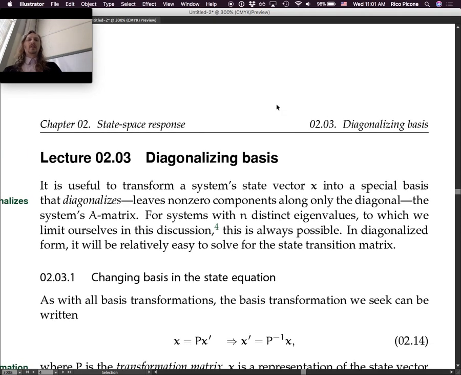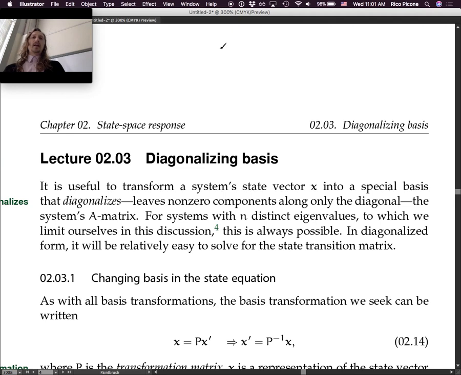So, you know our good old-fashioned A matrix. It's got all kinds of different things in it. Say like that.